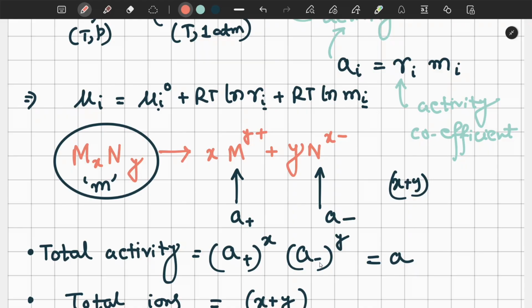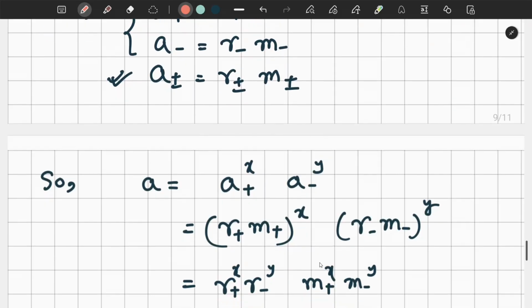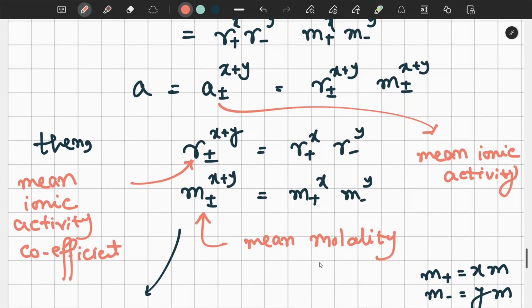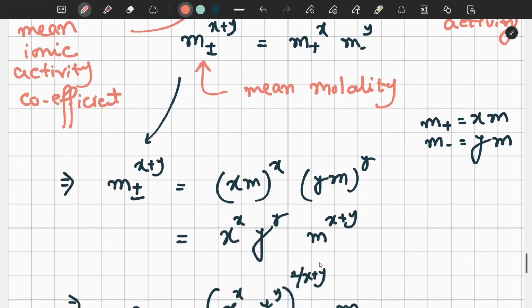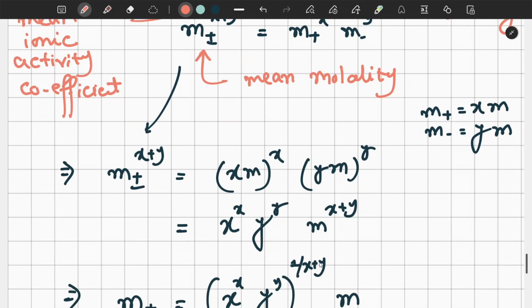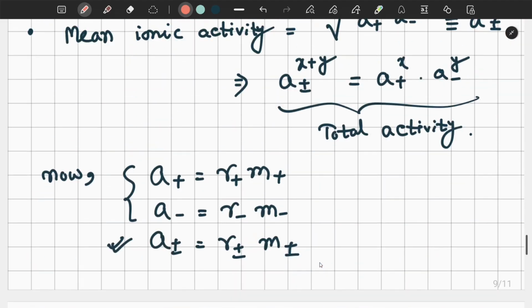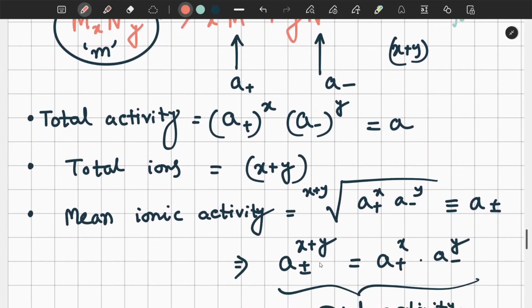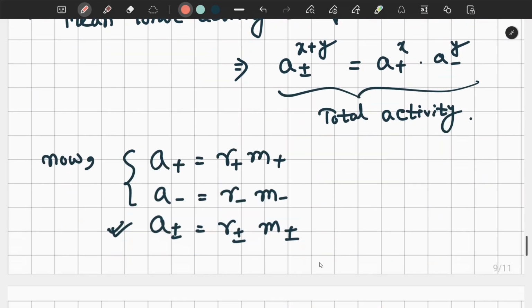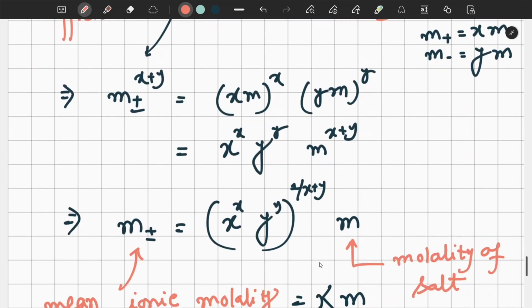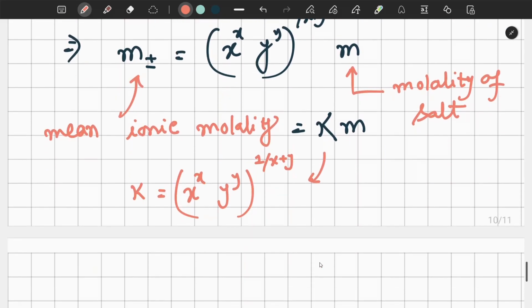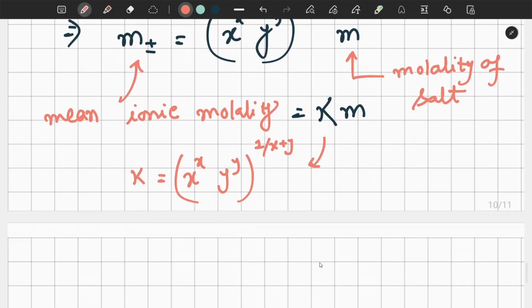Gamma plus and gamma minus separately you will have, and from there you can calculate gamma plus-minus using this. So this definition you should be very crystal clear: what is total activity, what is mean ionic activity, and what is the mean ionic activity coefficient. Now you can solve the questions.